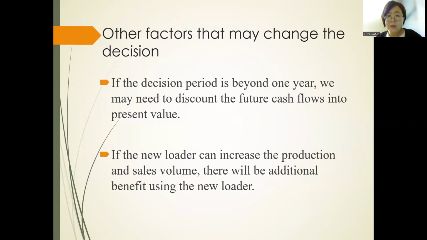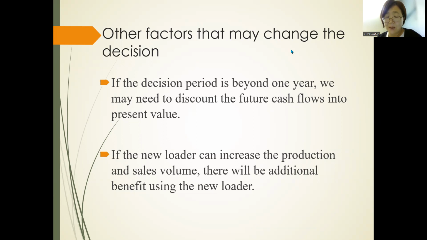By using this equipment replacement option, we practiced how to apply the decision-making process. But as I mentioned, there are other factors that may change the result if you revise the assumptions. For example, if the decision period, like the useful life of the equipment, is beyond 1 year, we need to convert the future operating cost into present cash flow.